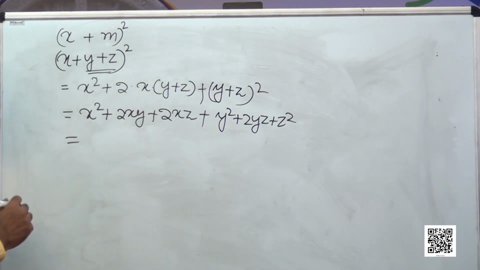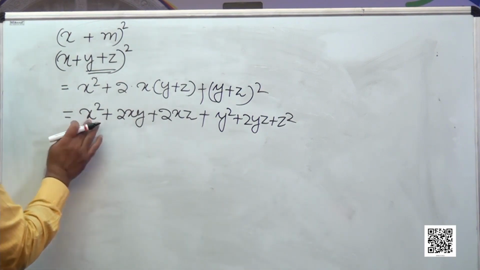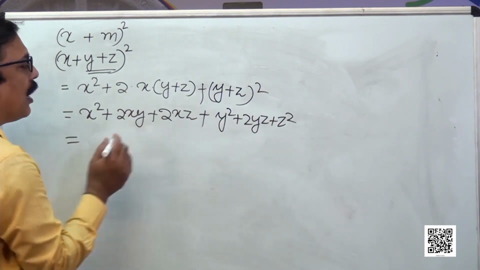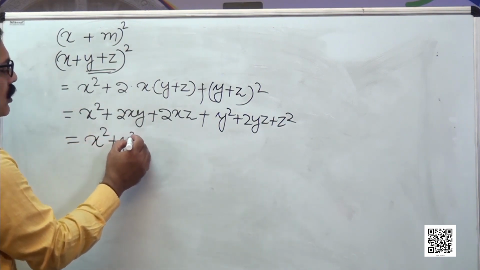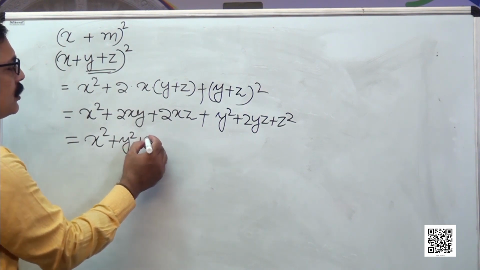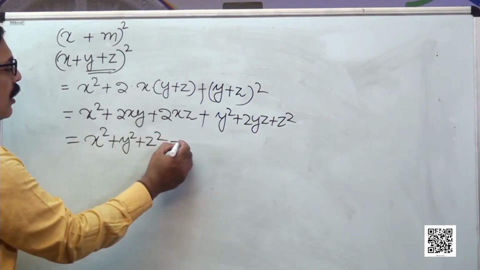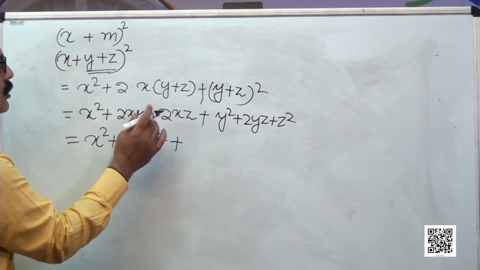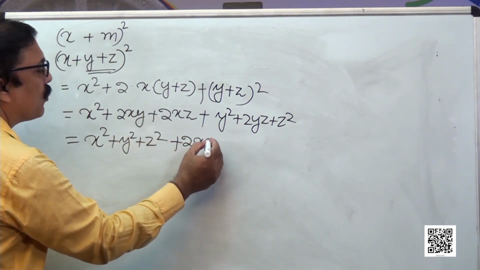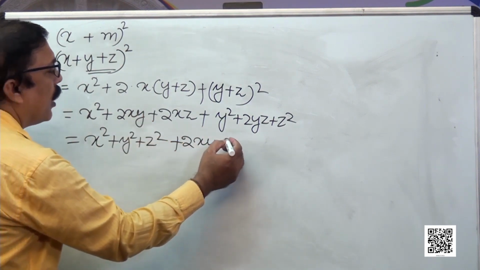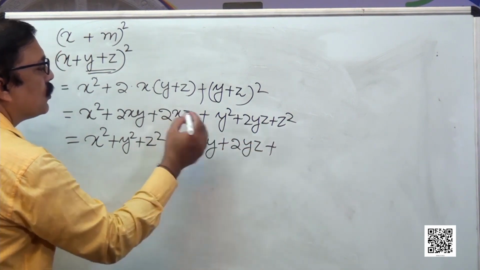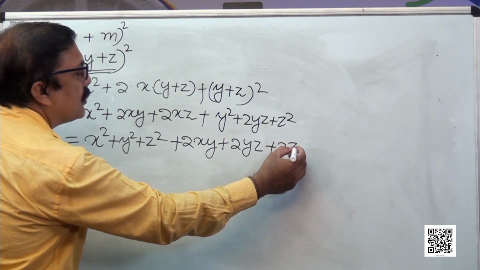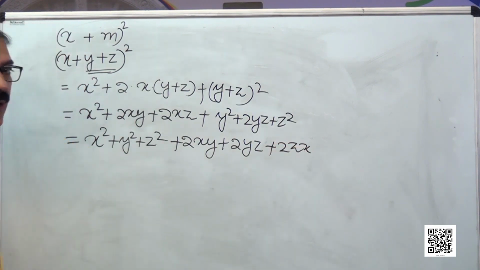Now let's rearrange it. The square terms first: x square, y square and z square. Then the product terms, that is 2 into xy plus 2 into yz plus 2 into xz or zx, whatever you write.